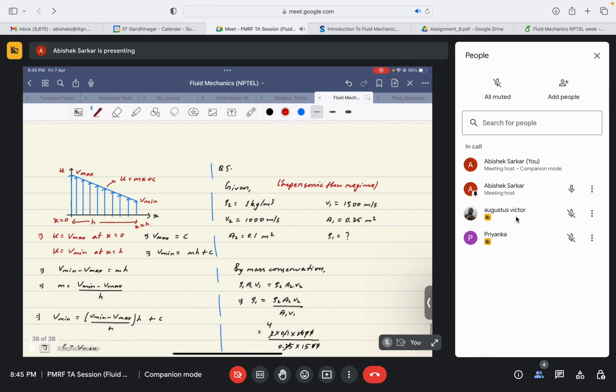Correct? So I chose those conditions and substituted them into my equation of line.